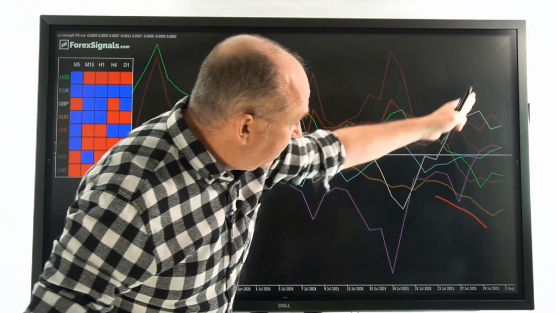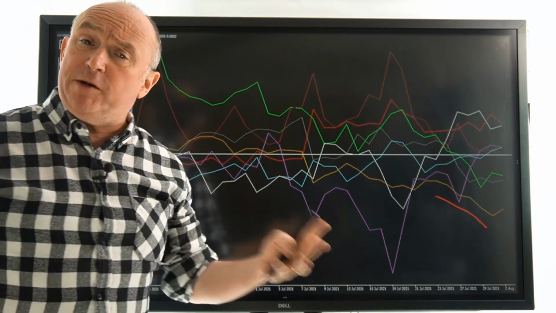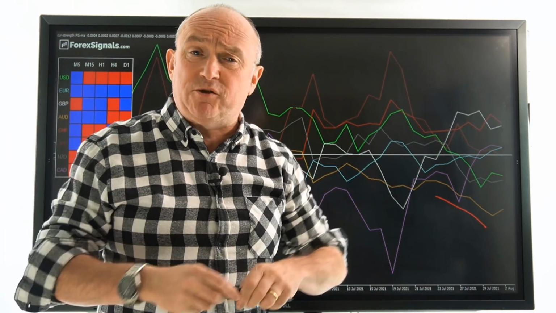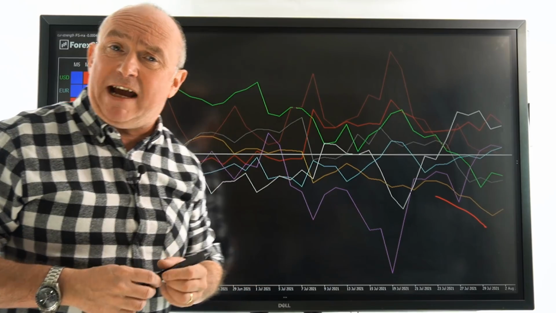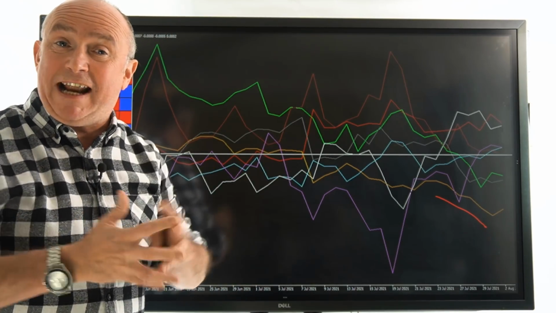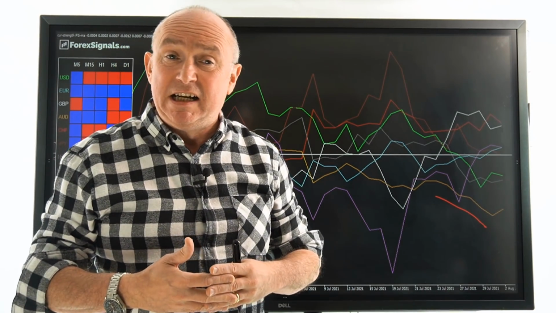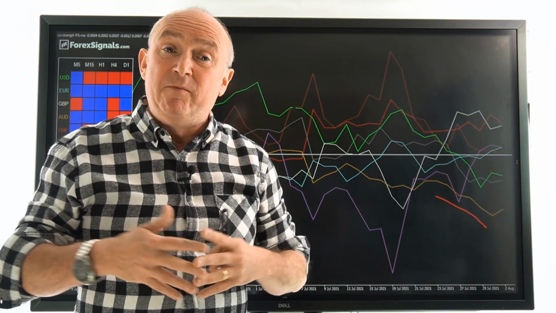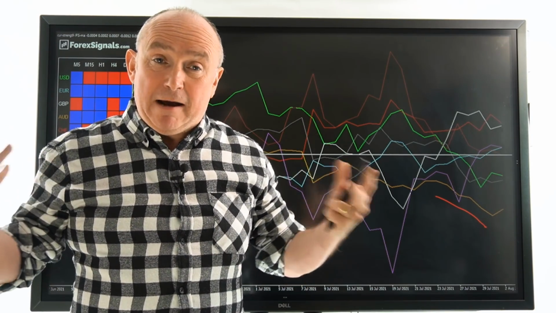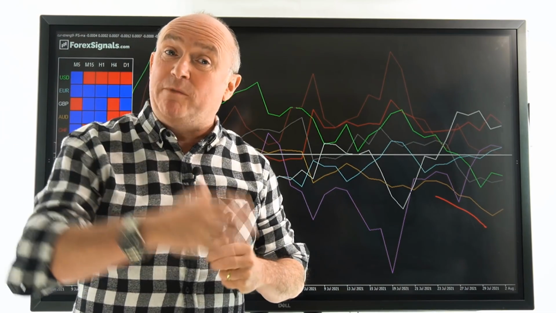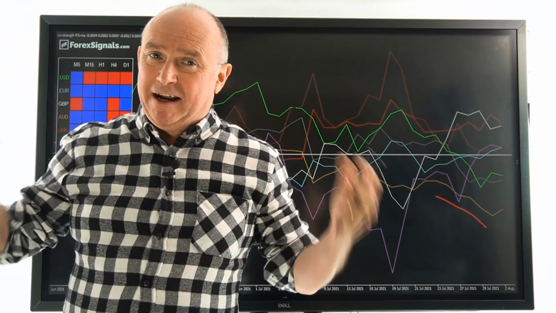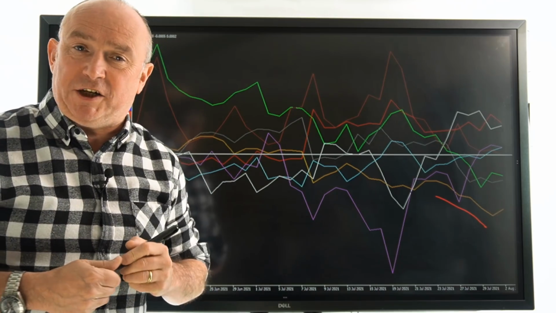Also note here the British pound, that's the white line. The British pound's been quite strong, I guess because lockdown is easing and the economy is ticking back into business. COVID cases are on the fall as well, so the economy is getting more support. And of course we've got the MPC this week, another central bank rate decision.